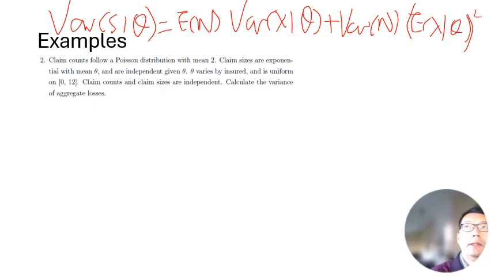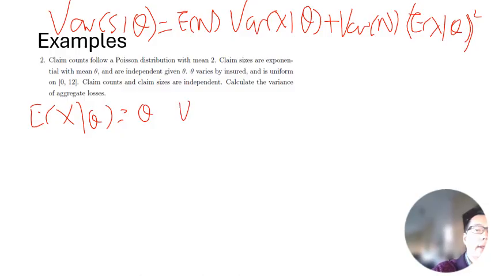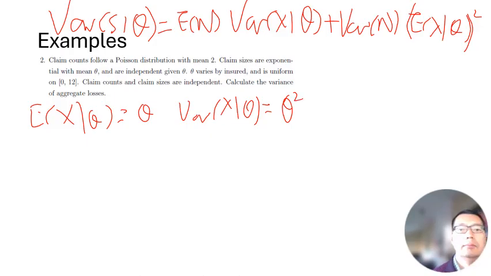Since we have E[X given theta] to be theta, and VAR X given theta to be theta square, this is the claim size exponential distribution.